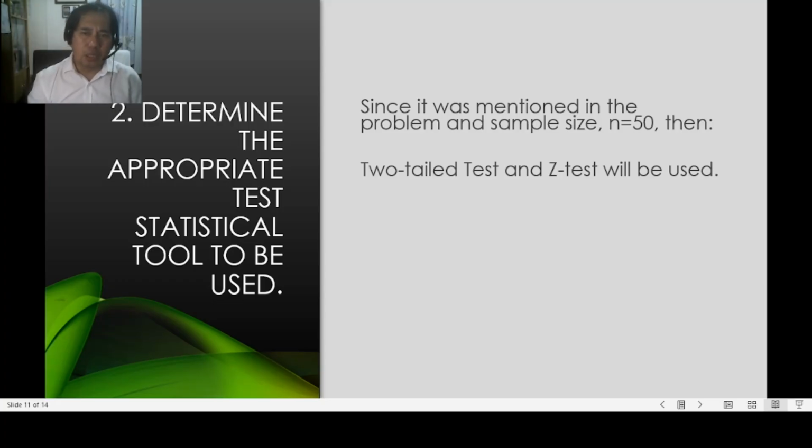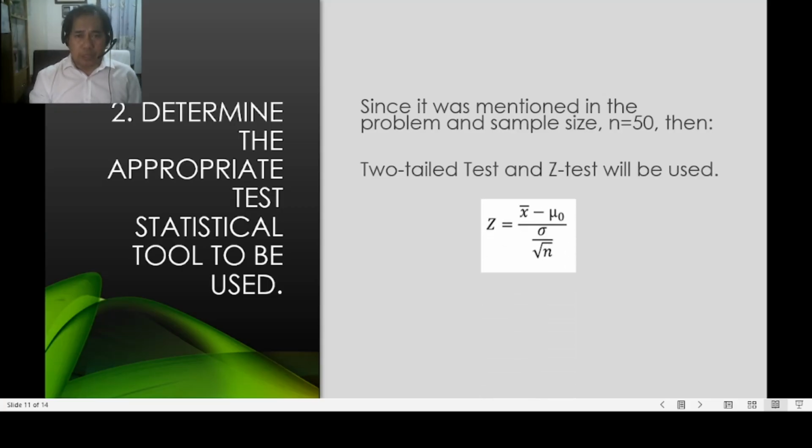Why? This one is already very clear in the problem. Why do we make use of the z test? Because n is greater than 30, or the sample size is considered to be large. Mind you, when we say n is equal to or greater than 30, we consider the sample size to be large.